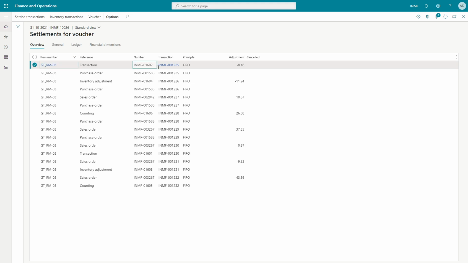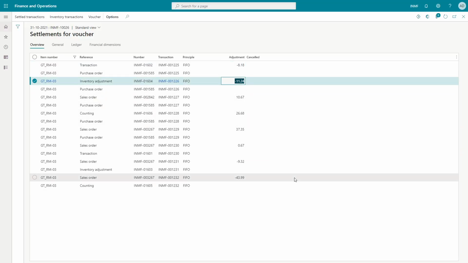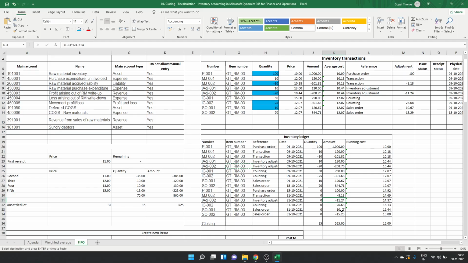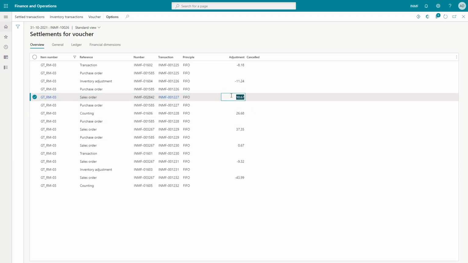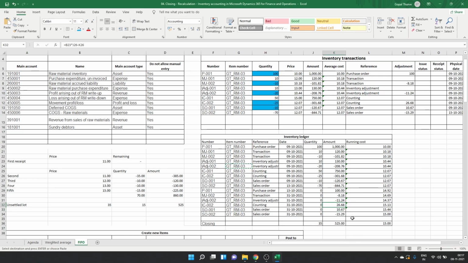So if you see, this is the first transaction, which is write down using movement journal. It is 8.18. The second one is inventory adjustment write down. It is 11.24. The third one is the sales order transaction. It is 10.67. The fourth one is the counting journal, which is 26.68.